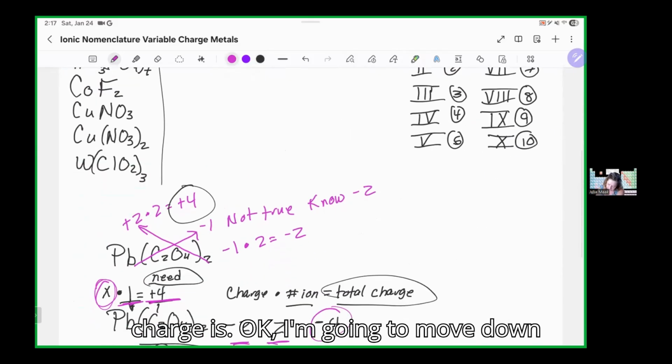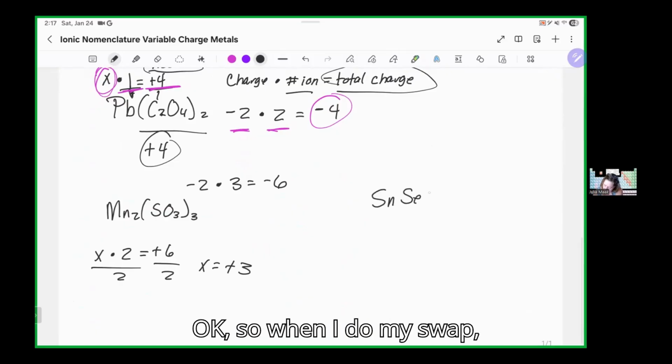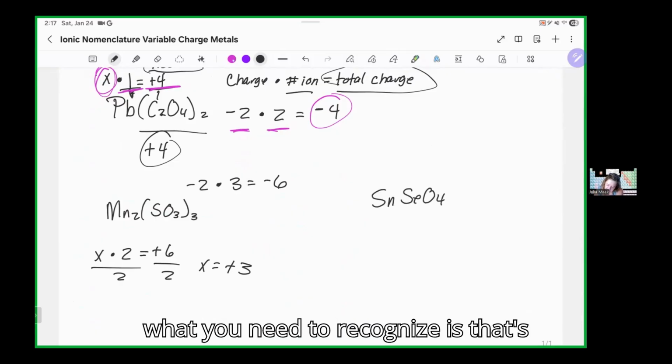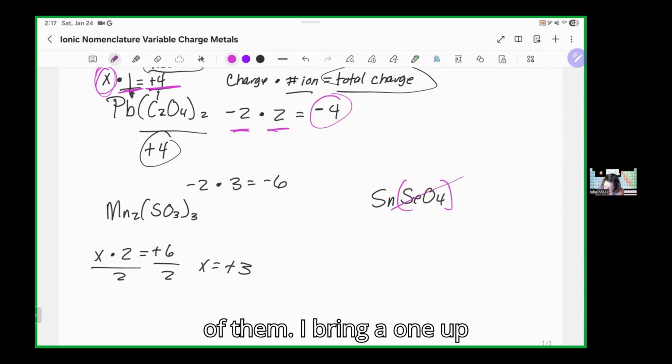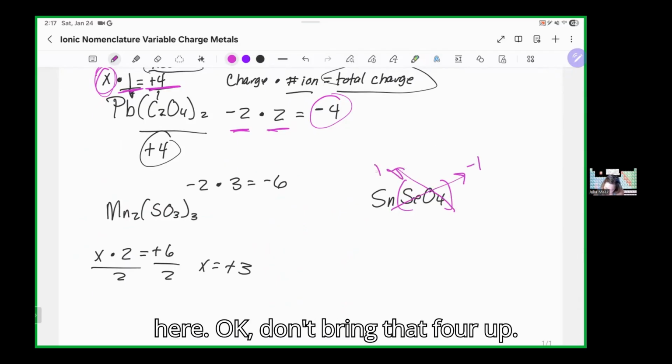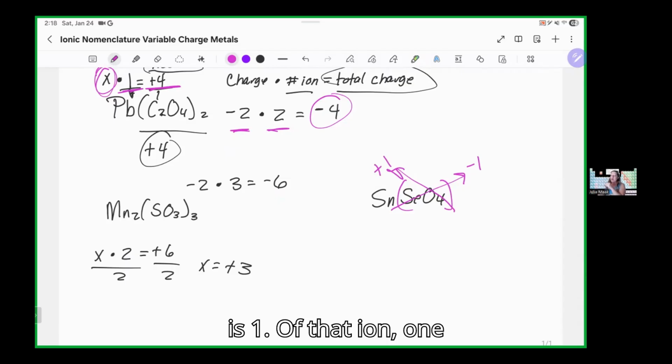I'm going to move down here. Sn SeO4. When I do my swap, what you need to recognize is that's a polyatomic ion. There is only 1 of them. I bring a 1 up here, and I bring a 1 up here. Don't bring that 4 up. That 4 is not the number; that is 1 of that ion.